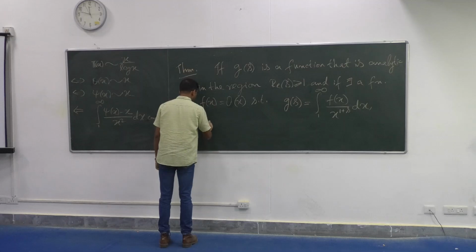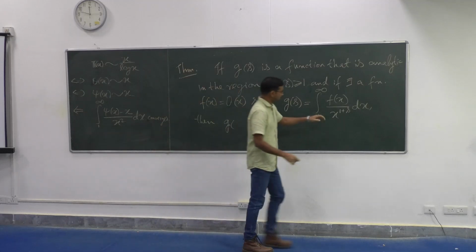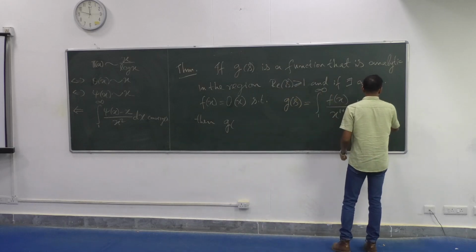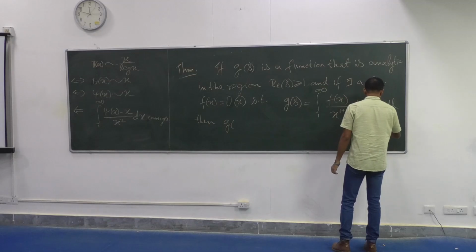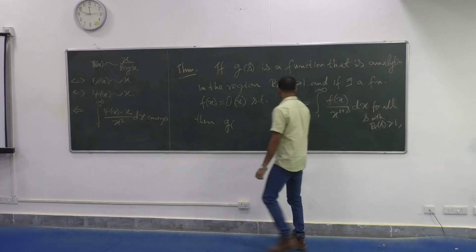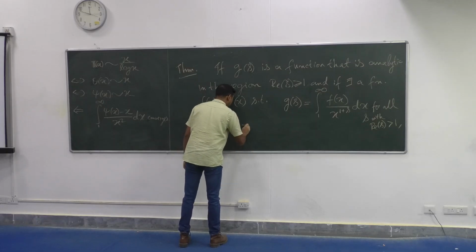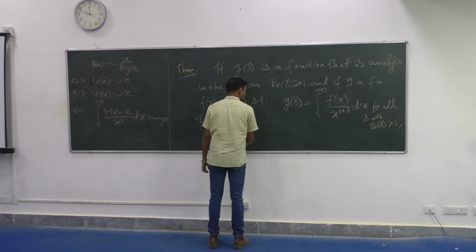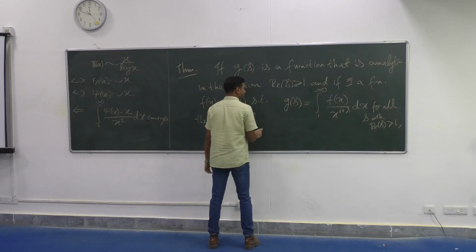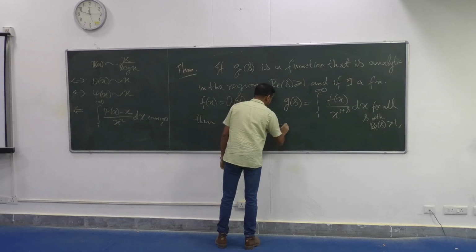Then g of s, well, this for all s with real part of s greater than 1, then g of 1 is equal to the integral from 1 to infinity of f of x by x squared dx.